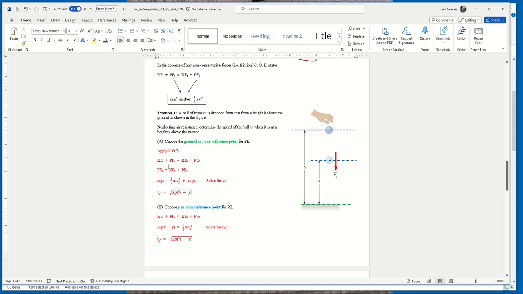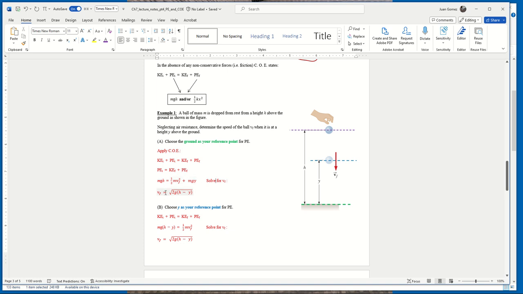So mgh equals, well, this is never going to change, the final kinetic energy is always 1/2 m v final squared. Now the final potential energy right here, it is now at a height of y above the reference point. Still positive. Remember, in part A, the ball starts off above the reference point. Here, when we want to determine v final, it's at a height of y above the reference point, so the final potential energy is mgy.